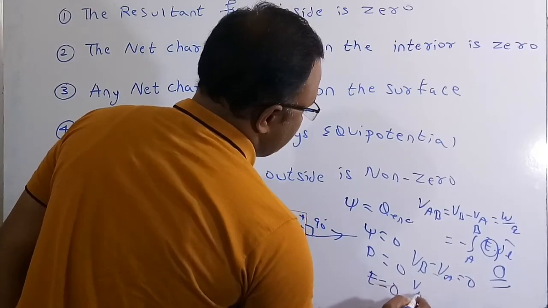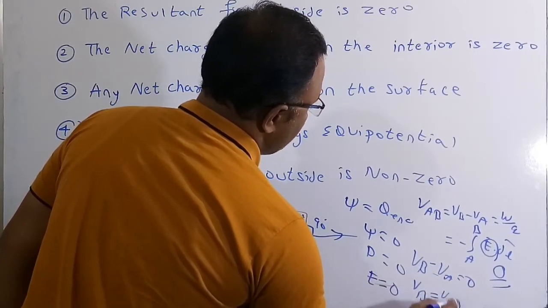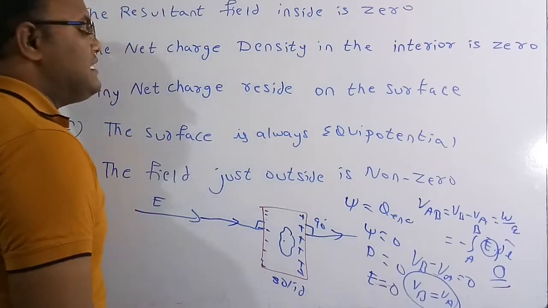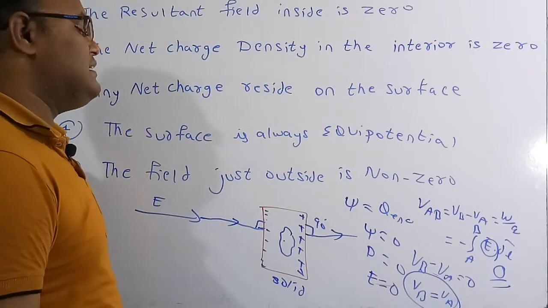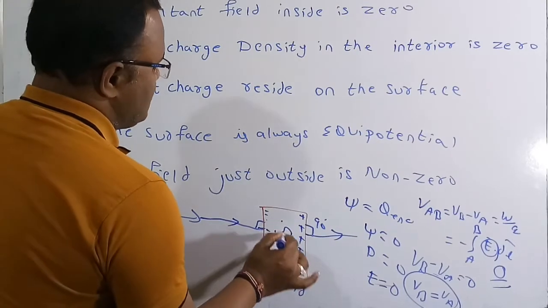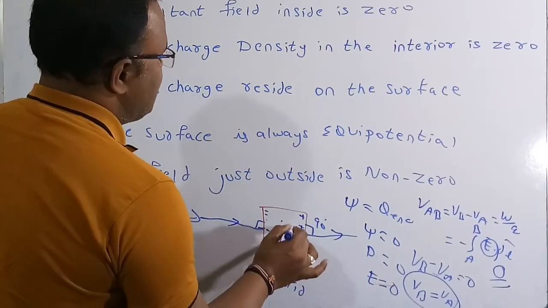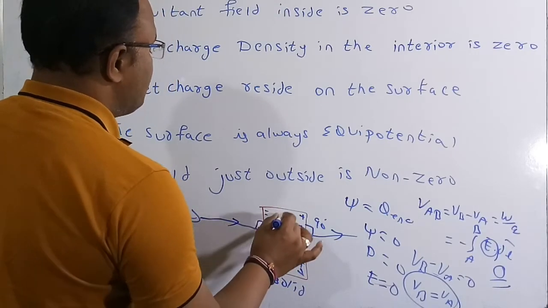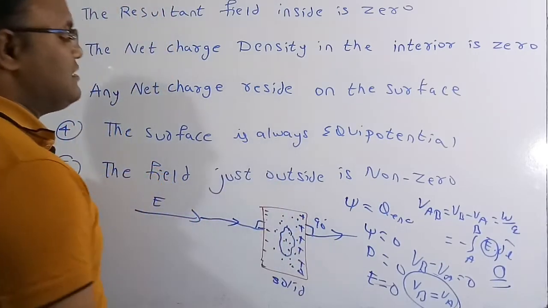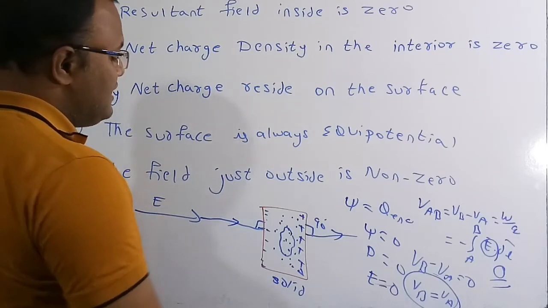It indicates that VB is equal to VA. So if you take any 2 points inside this ideal conductor, the potential is always equal. It indicates that there is a constant potential. So we can simply say that the potential inside this ideal conductor is constant at each and every point, or we can say it is a constant potential device.